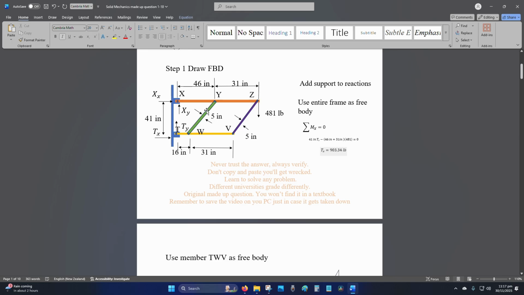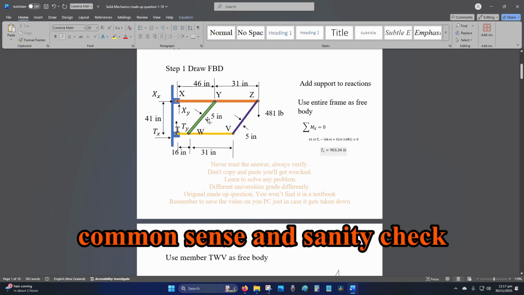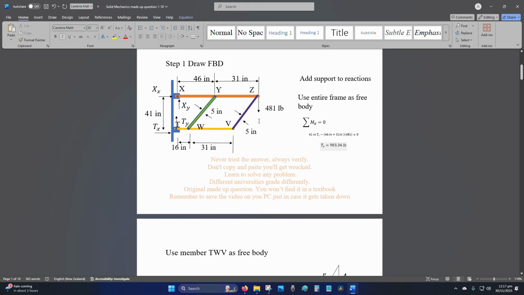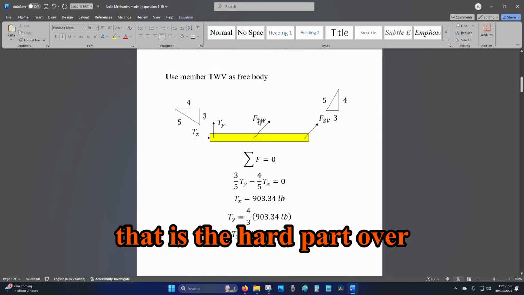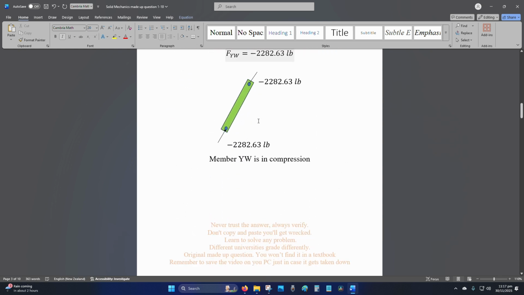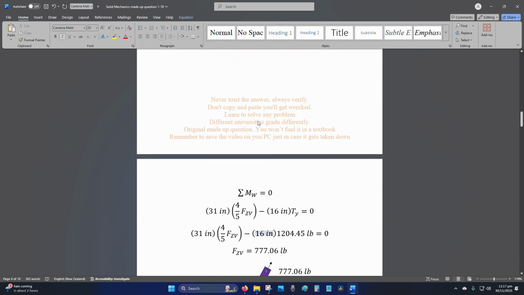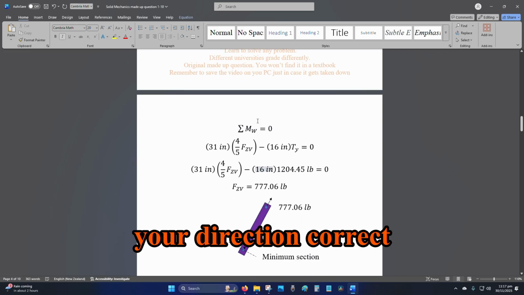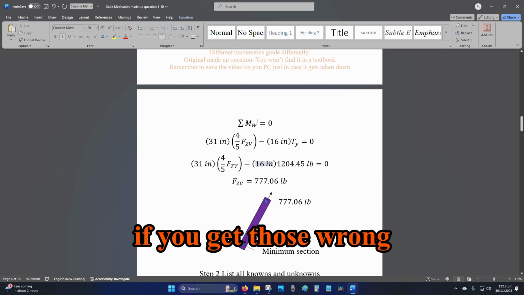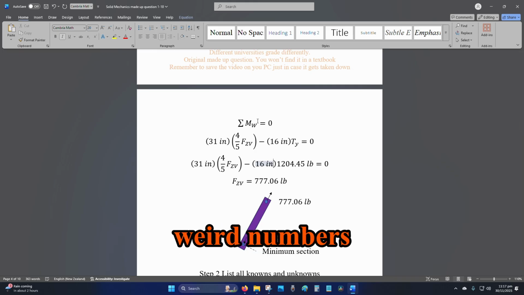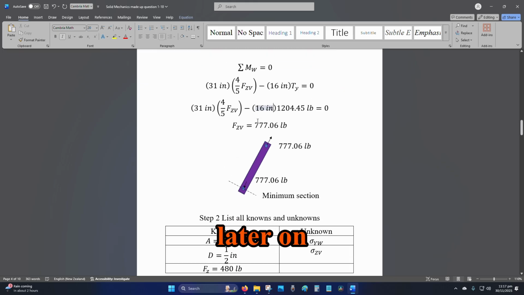Okay, so that's a quick common sense and sanity check that your forces are going in the right direction. Alright, so that is the hard part over. So getting your forces correct and getting your direction correct. If you get those wrong, then you're going to have weird numbers later on.